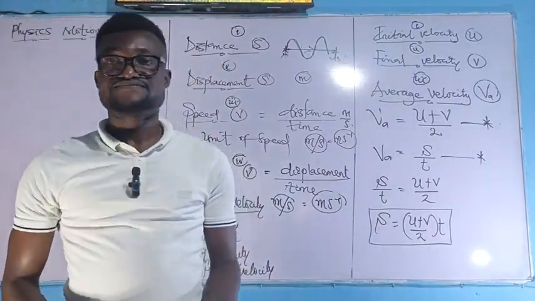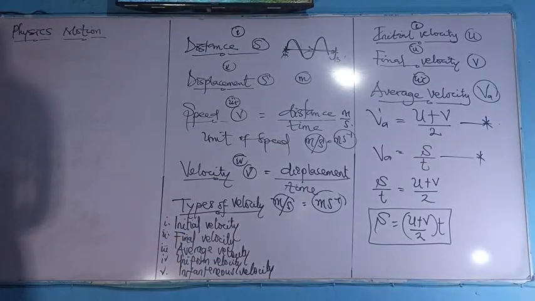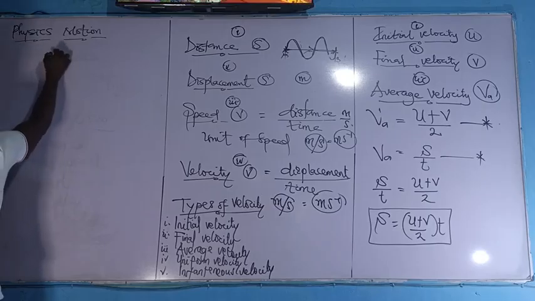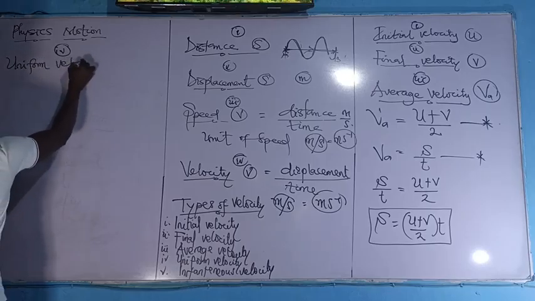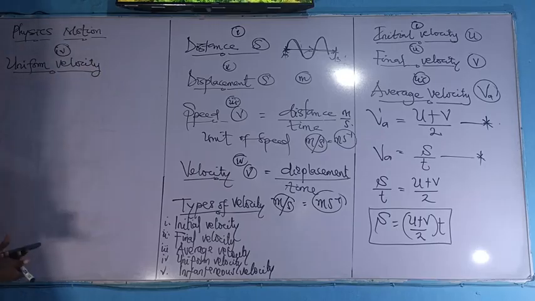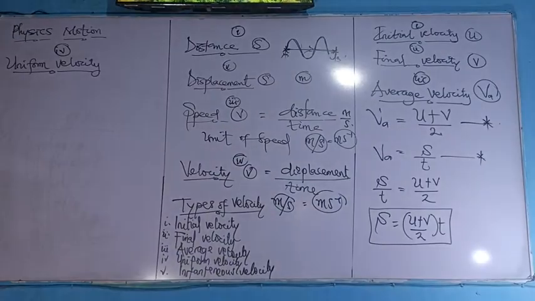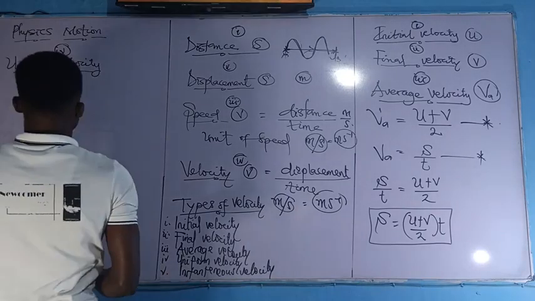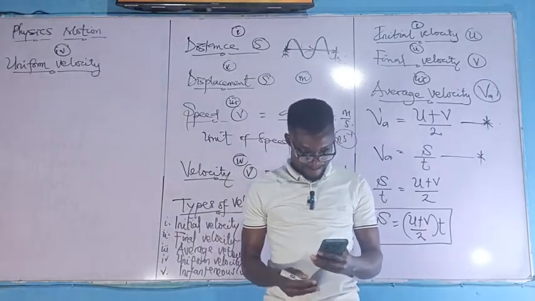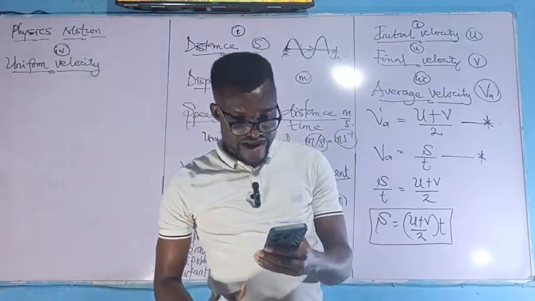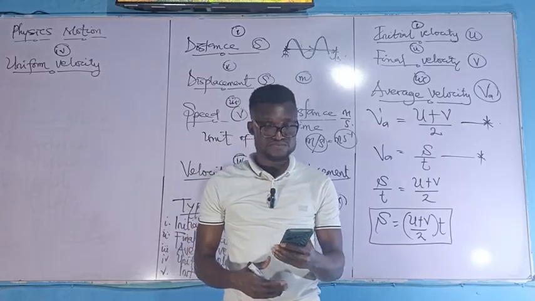So what's uniform velocity? Uniform velocity is a type of velocity in which the rate of change of displacement with time does not change.